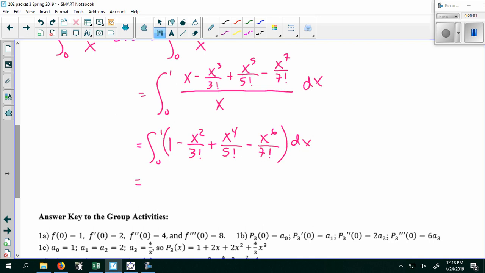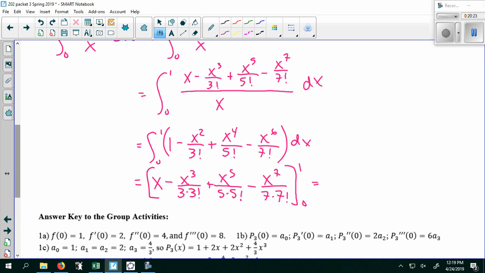And now I'm going to integrate term by term. So the antiderivative of 1 is x, and this becomes minus x cubed over 3 times 3 factorial, plus x to the 5th over 5 times 5 factorial, minus x to the 7th over 7 times 7 factorial. Evaluate all of this from 0 to 1. When I plug in a 1, I get 1 minus 1 over 3 factorial times 3, which is 6 times 3 is 18.